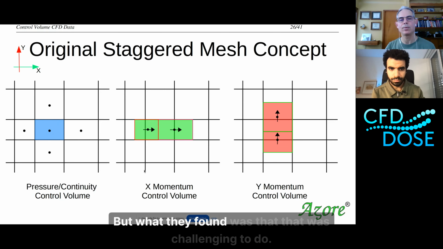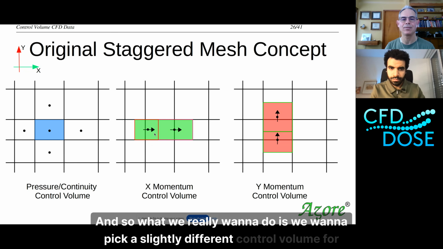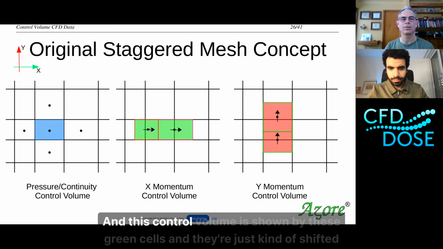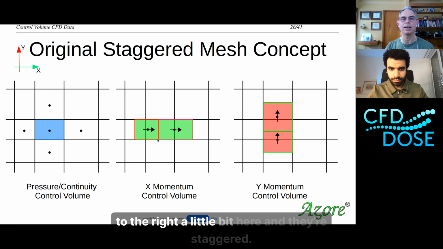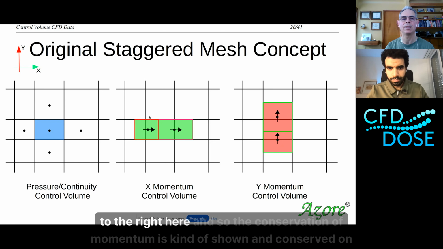And that was where we conserved mass. But what they found was that was challenging to do, so what we really want to do is pick a slightly different control volume for the conservation of momentum. This control volume is shown by these green cells, and they're shifted to the right a little bit, and they're staggered. This is where the word staggering comes from.